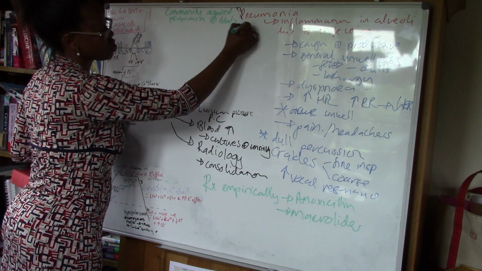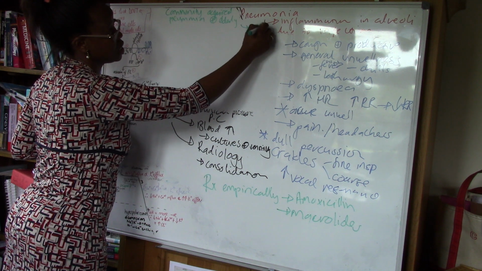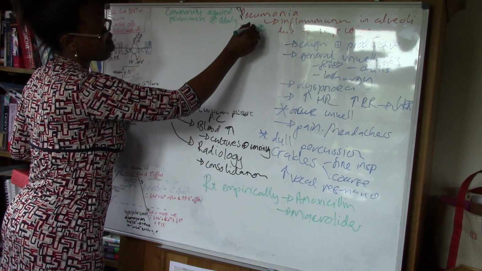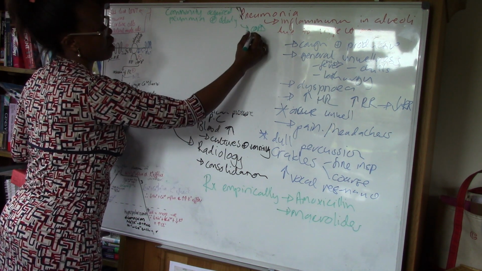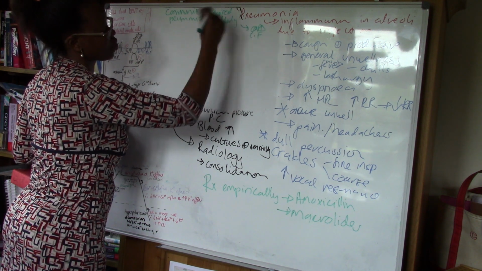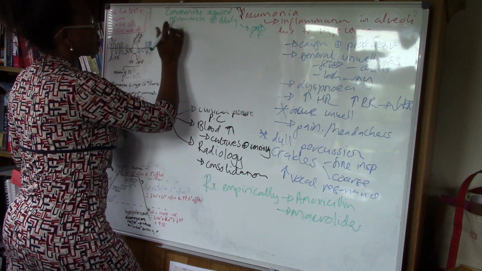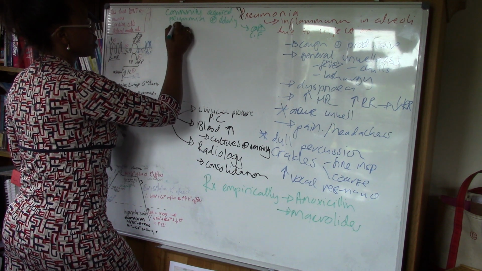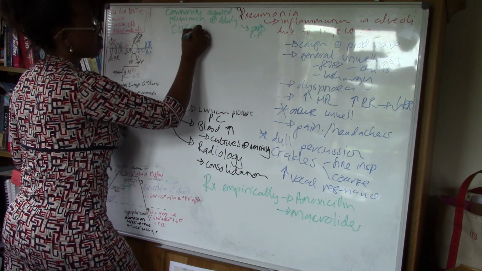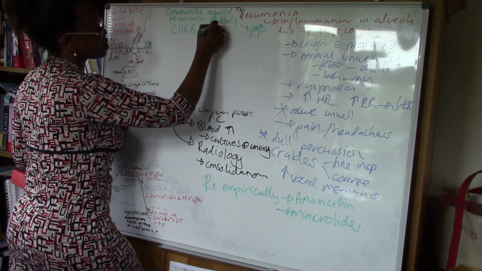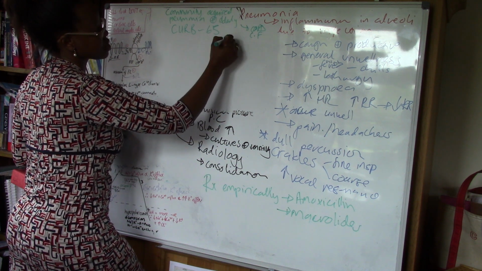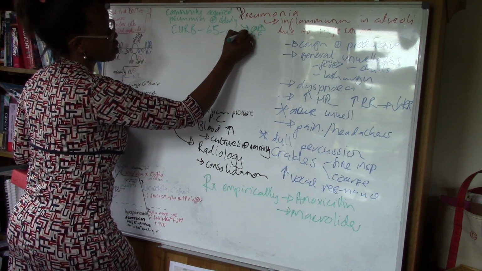In younger people, it's usually people with COPD who will get pneumonia, and obviously CF and bronchiectasis. But it's useful to do the CURB-65 test to test for severity.